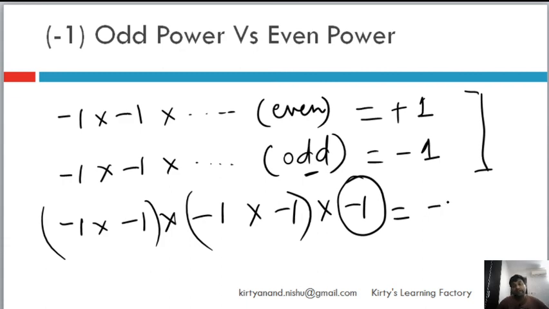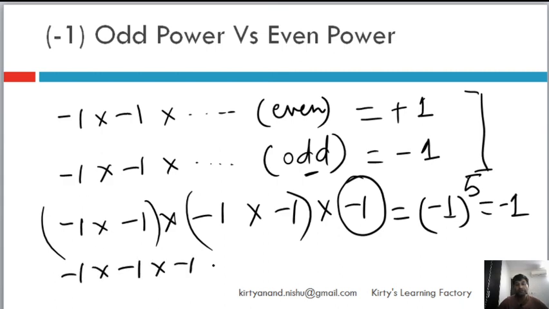So I can also write this whole expression as -1 raised to the power 5 is equal to -1. Similarly, if I do -1 into -1 into -1 into -1, that is -1 raised to the power 4, which is equal to +1.